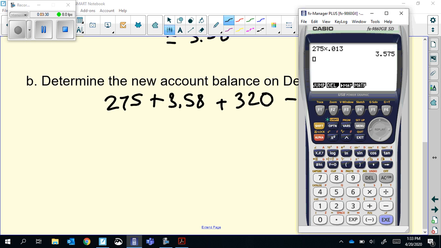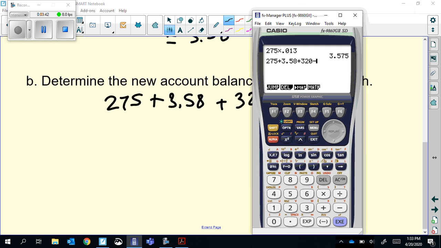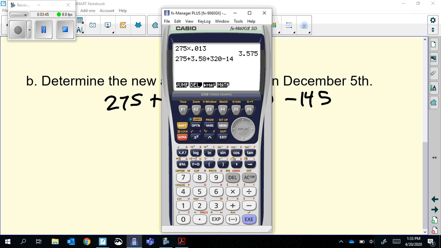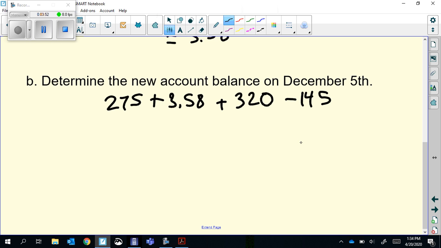So the $3.58 plus the $275 plus $320 minus a payment of $145. That gives us a total of $453.58. So we got that by adding the interest plus all the money spent and subtracting the payment.